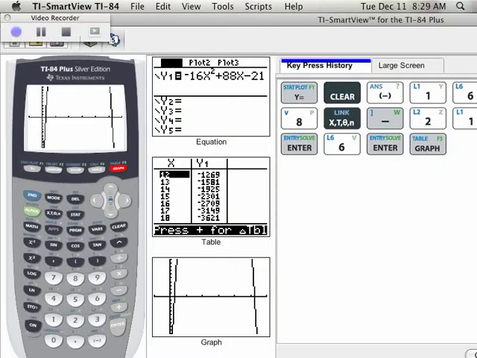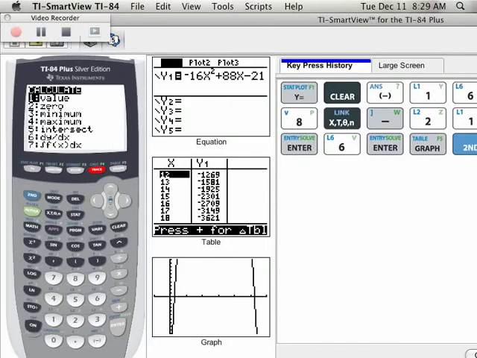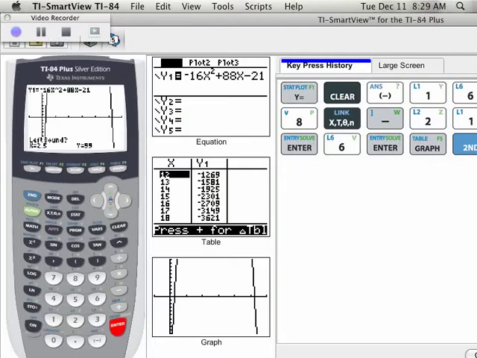Now the cool thing is on your calculator, you have a tool that helps you find the zeros. It looks like this. Second trace, and when you do second trace, it's a calculate menu, and number 2 is find the zeros. So then it'll tell you where the left bound is. That means pick a number that's to the left of where you think it's crossing.